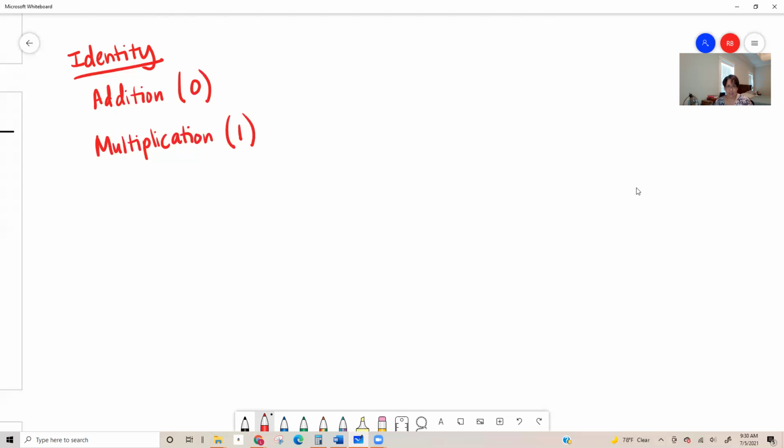So the identity means that you can take any number. Let's say we take the number 6. And we can add some type of number to this. And whenever you add that number, you can get 6 back again.